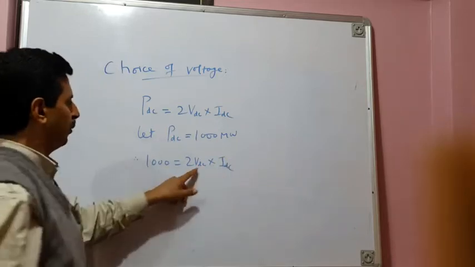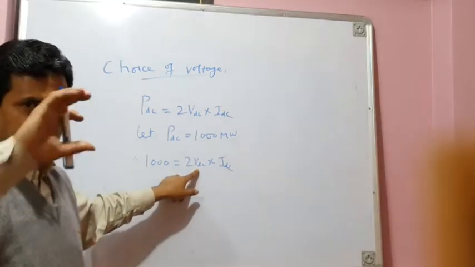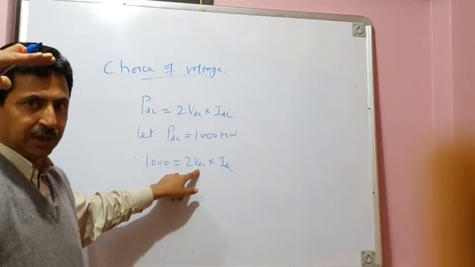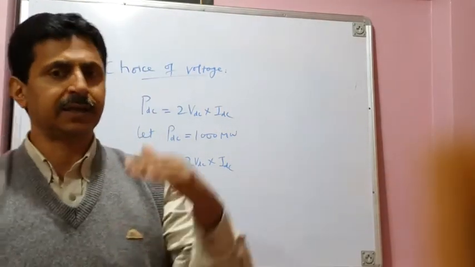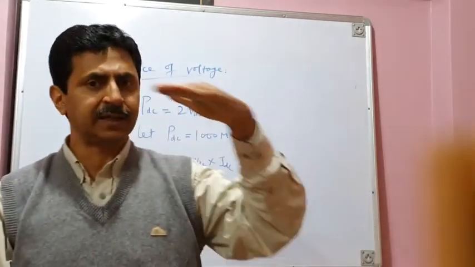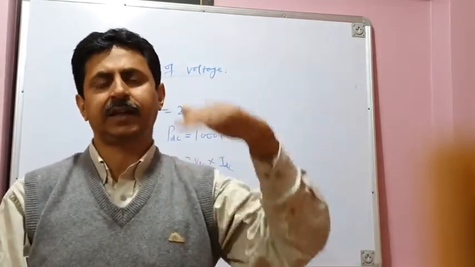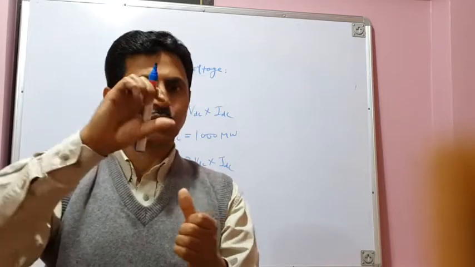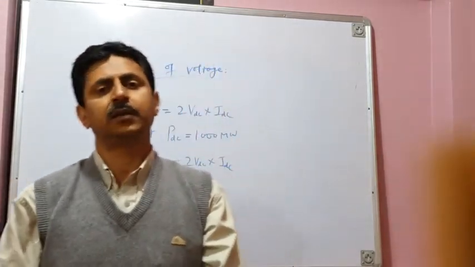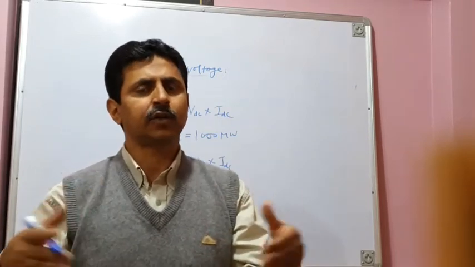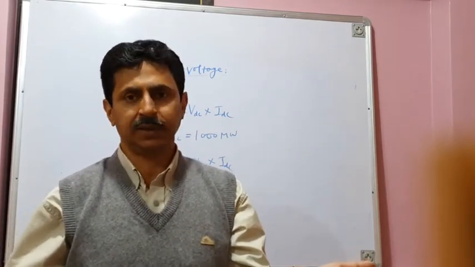Now we have to decide about the transmission line voltage, the link voltage. Now the link voltage will be decided by the magnitude of the current, DC transmission line current, IDC, that you would like to pass through the transmission line. And this current will be decided by the standard cross section of conductors which are available in the market.